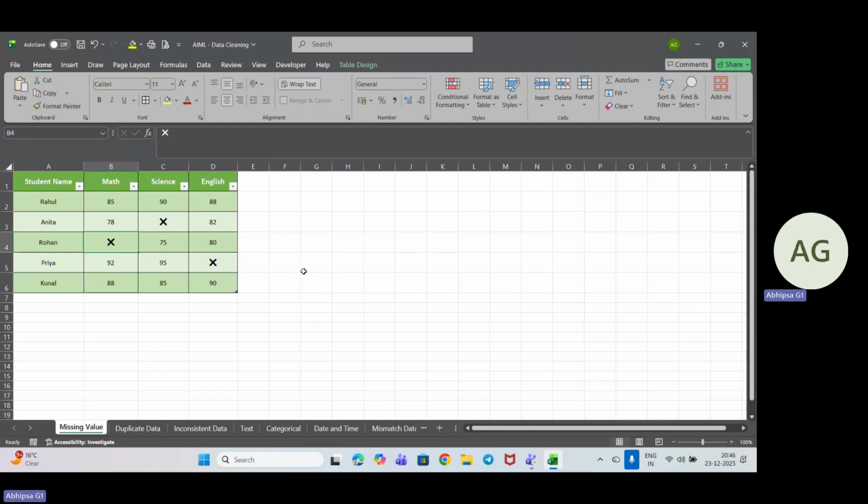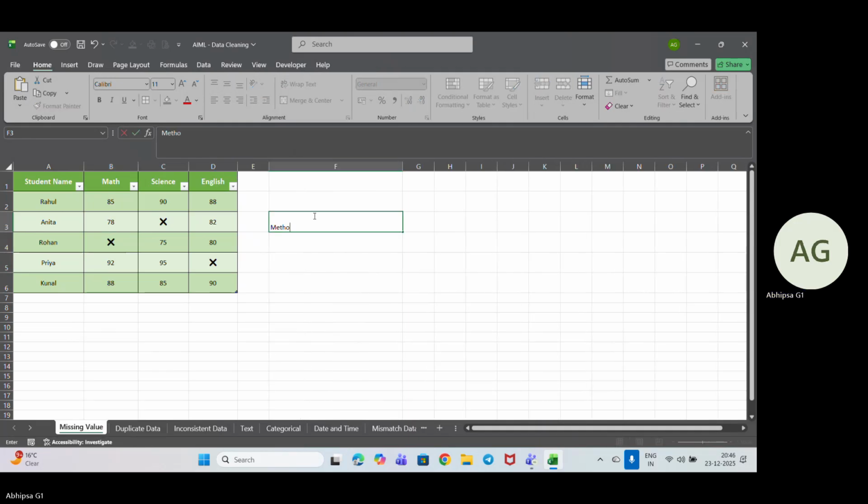So the very first method that we will be discussing is removing the row. Okay, so we need to delete the student. Here specifically, you can see for Anita, Rohan, and Priya, these three students we have to remove.